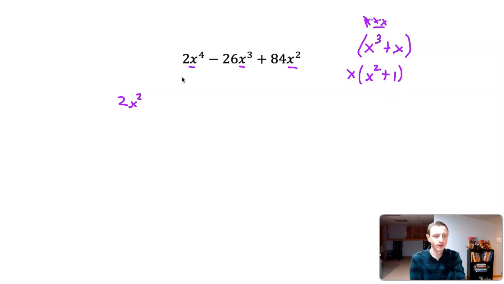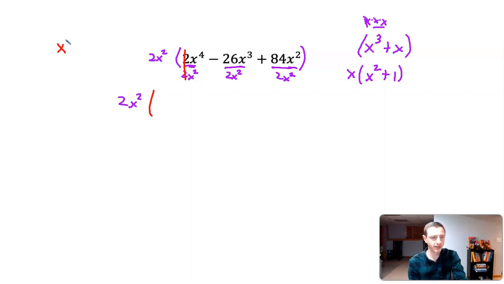So in this example, I'm pulling out 2x squared, so that means all three terms are being divided by 2x squared. So what does that result with? 2 divided by 2 is 1. X to the 4th divided by x squared. Little side lesson here. X to the 4th over x squared.